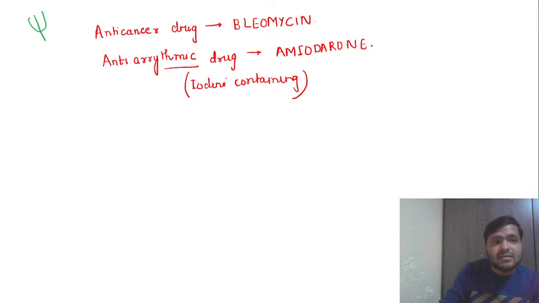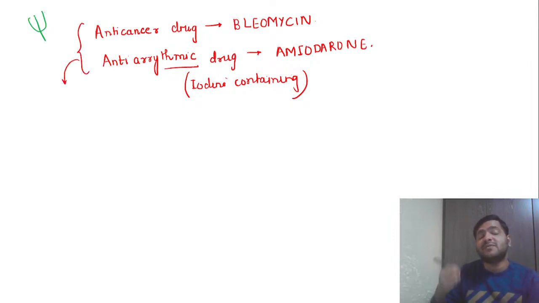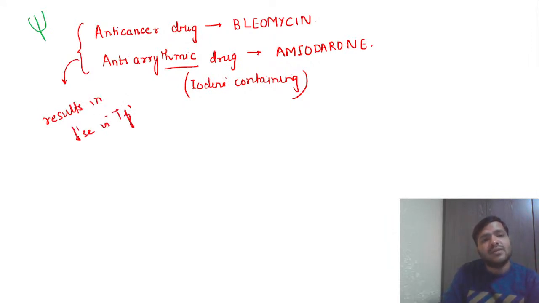If a person is taking these two drugs, whether suffering from cancer of the lungs and taking bleomycin, or suffering from arrhythmia, the condition of irregular heartbeat, the side effect is a decrease in the type 1 cells.